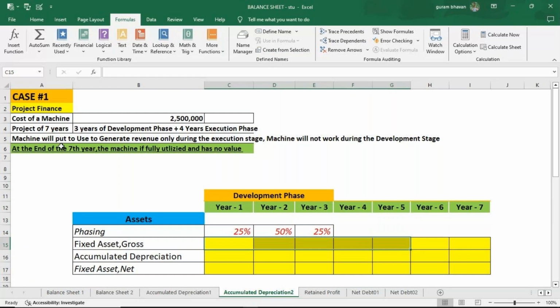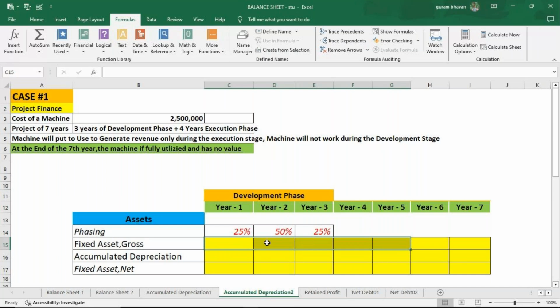The machine will be put to use to generate revenue only during the execution stage. Once after the third year only, we are going to start making use of this machinery. The machine will not work during the development stage, so during these 3 years the machine is not being used.